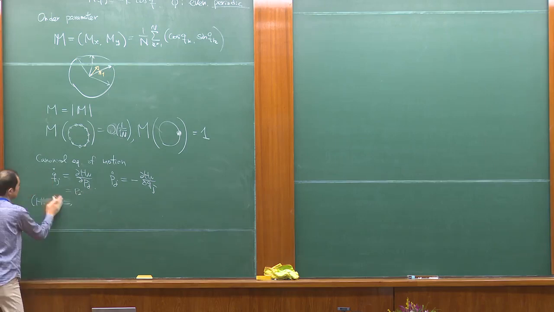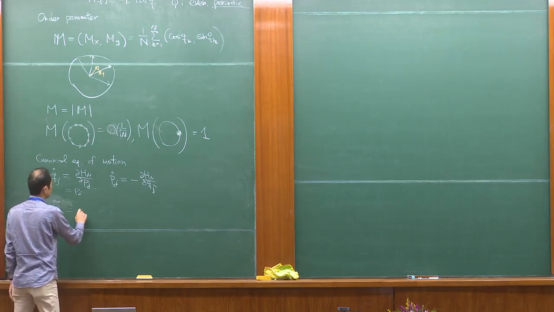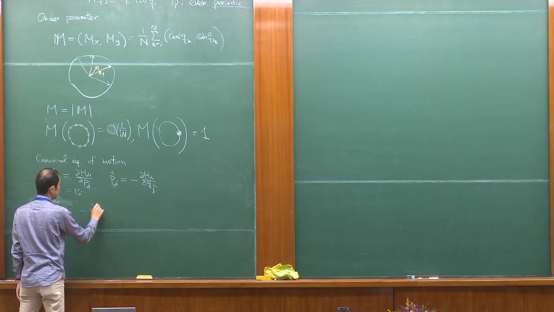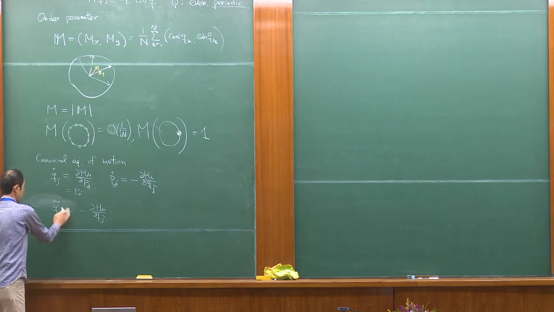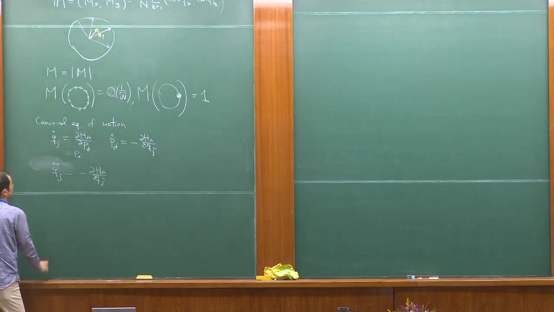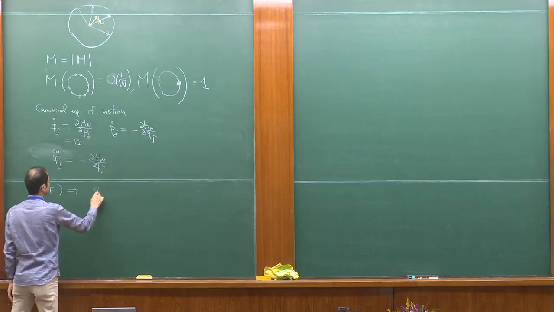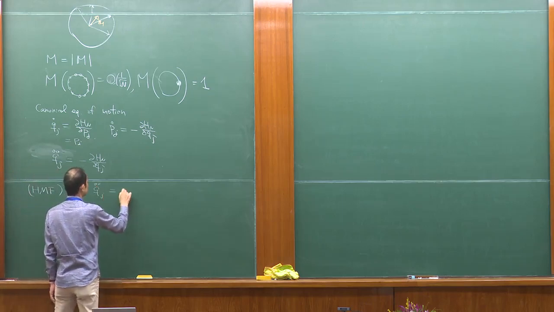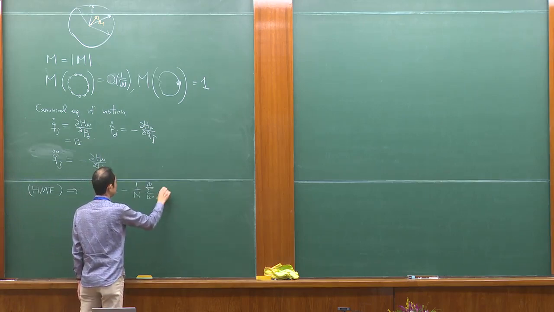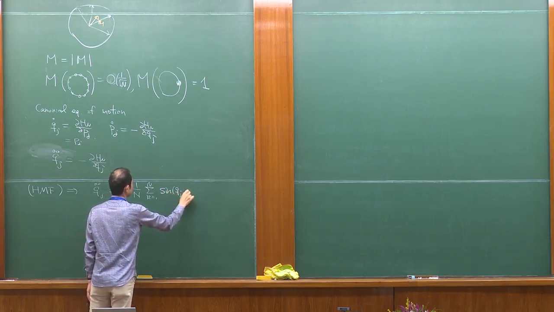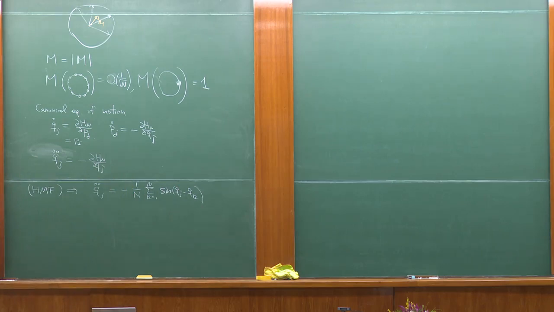So we get the Newton equation like this, minus the derivative of the Hamiltonian. And the HMF case is very simple. Minus 1 over N and sum and sine. So this is the dynamical equation of the HMF model.